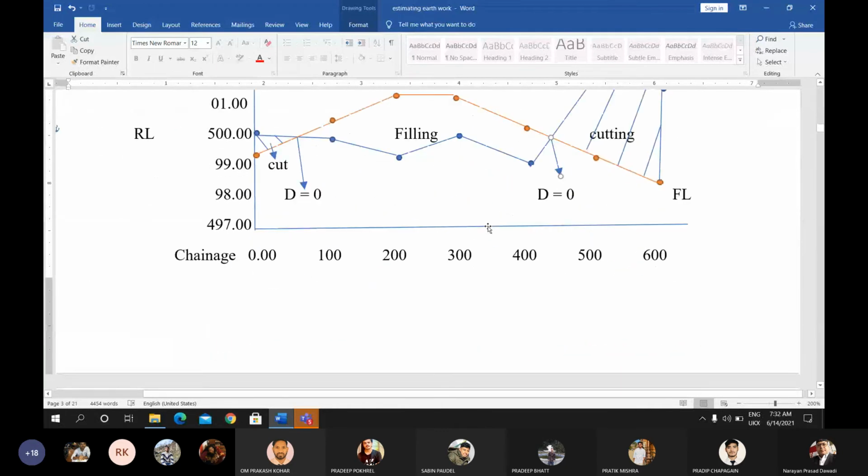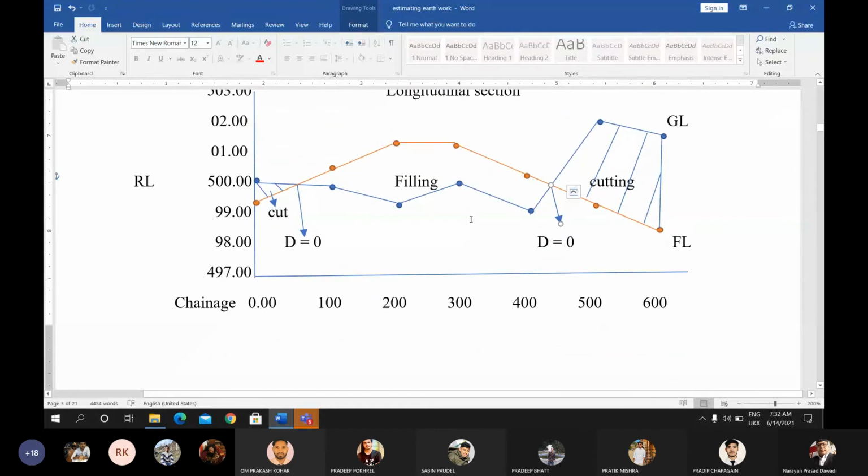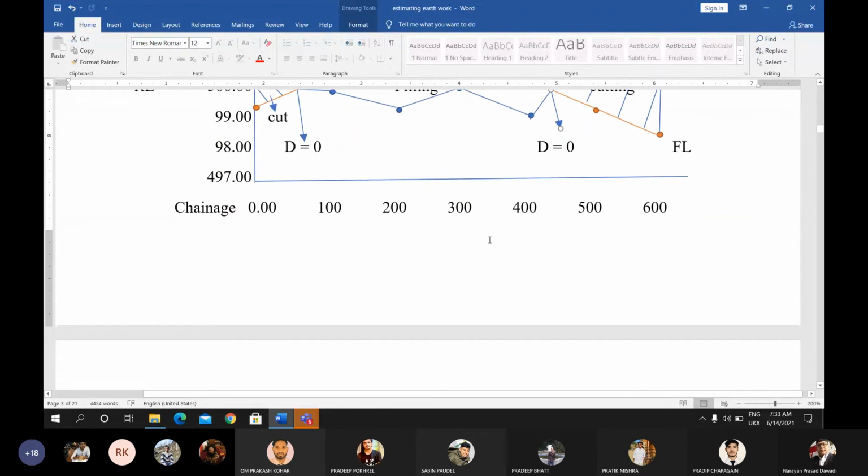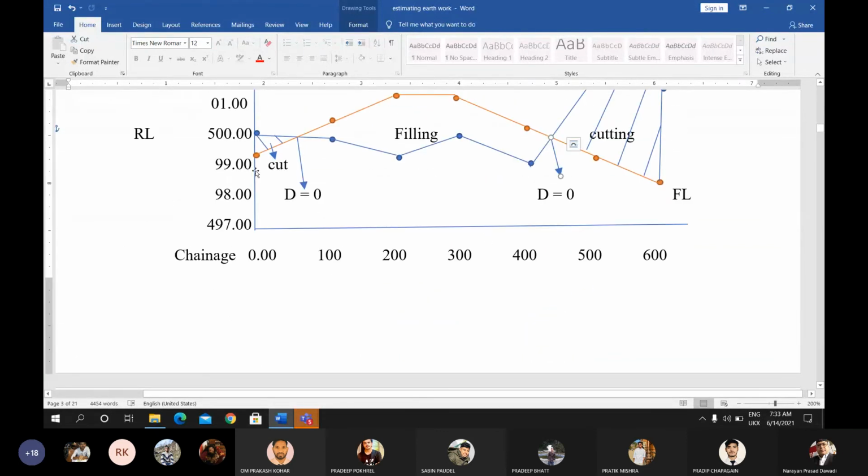It is the most important thing to know whether the section is in cutting or filling, or remains uncut or unfilled. Now for this we have to find the chainage for all the depths.